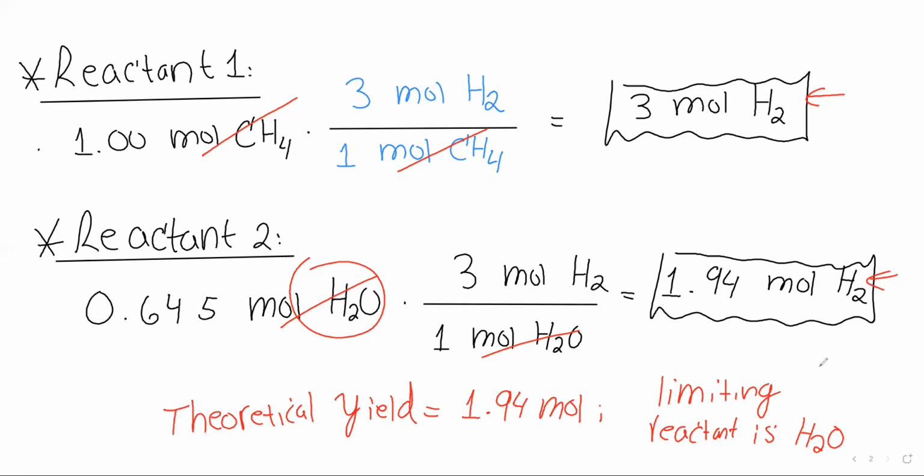It's going to be limited by the water vapor. Since the water vapor is the reactant that runs out of fuel first, the methane will no longer have anything to react with, even though the methane has excess fuel remaining. That's why we picked a smaller number. Again, we could get 3 moles of hydrogen from methane, but it just has nothing to react with when H2O runs out.